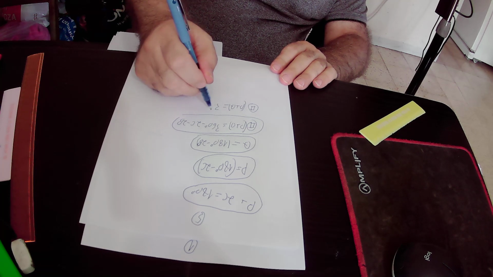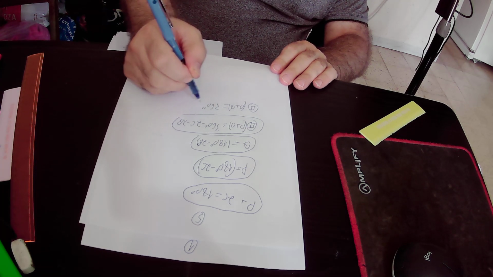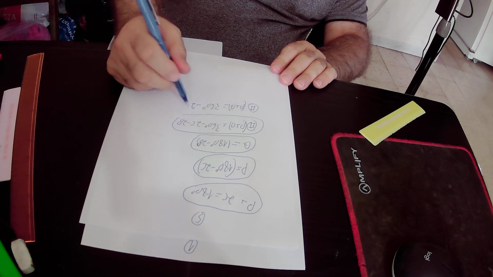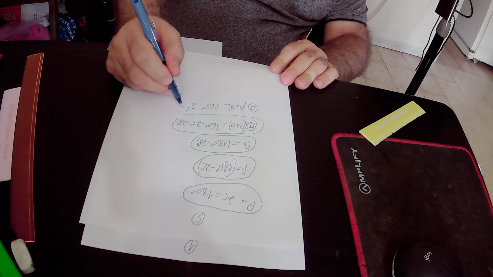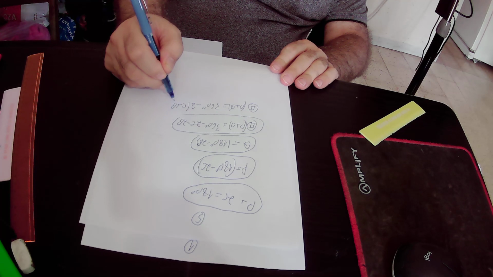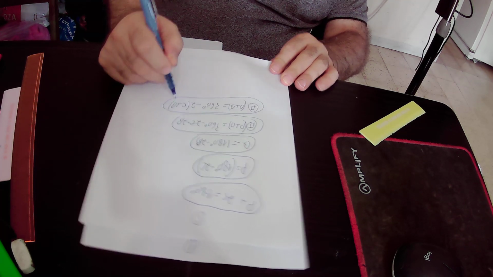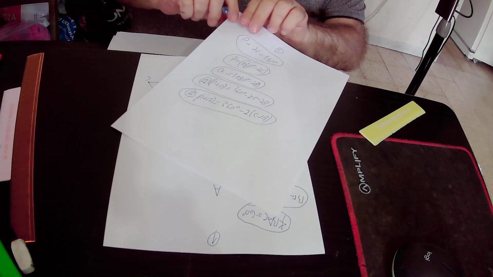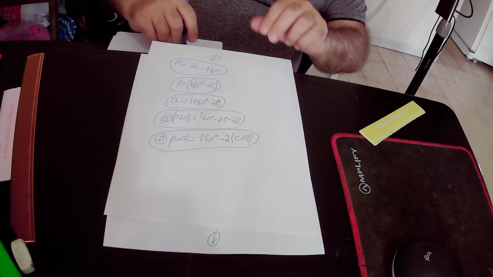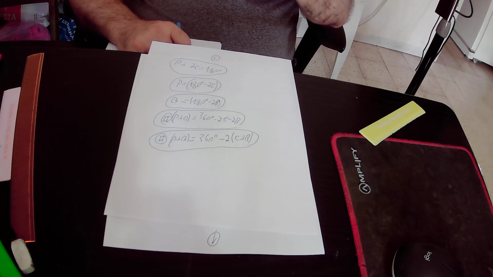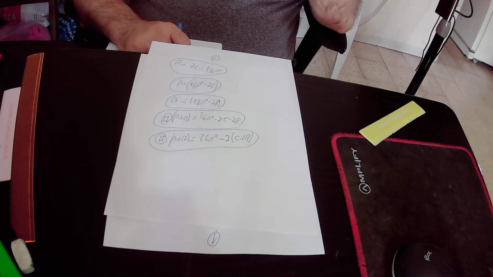Inside the brackets we will have C plus B. So P plus Q equals 360 degrees minus 2 times C plus B, or B plus C.